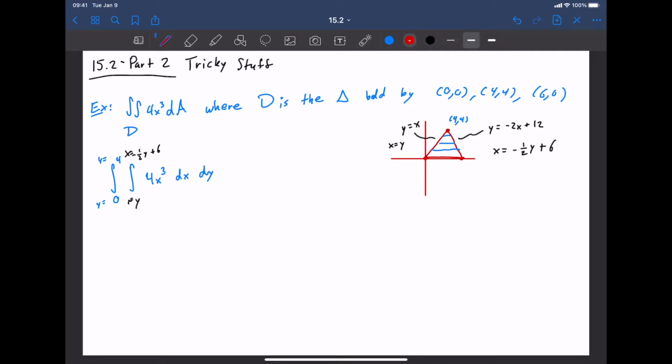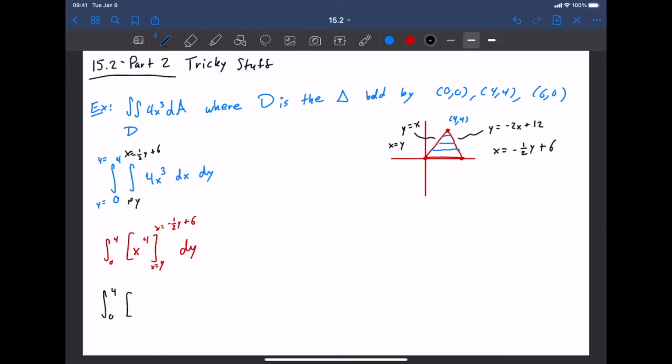So our first pass of the integral should be x to the 4th, evaluated from x equals y to x equals negative 1/2 y plus 6, then a dy. We'll have all the x's gone at that point. And then the scary looking expression, but it's actually not that bad.